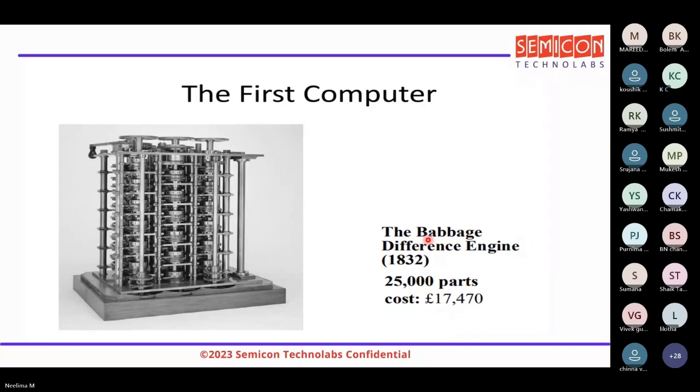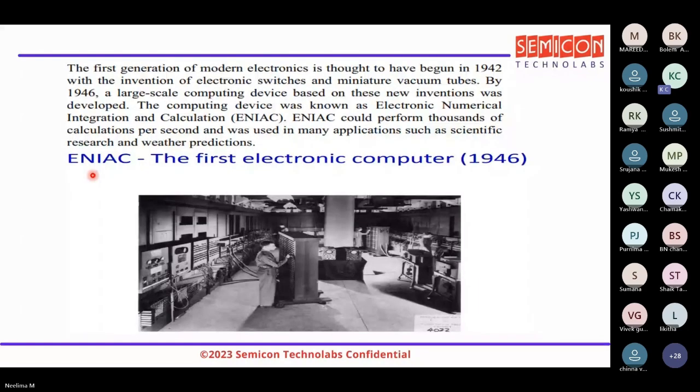Now let's look at another interesting one. This is another thing, in 1946, ENIAC. ENIAC means Electronic Numerical Integration and Calculation. The first generation of modern electronics is thought to have begun in 1942 with the invention of electronic switches and miniature vacuum tubes.